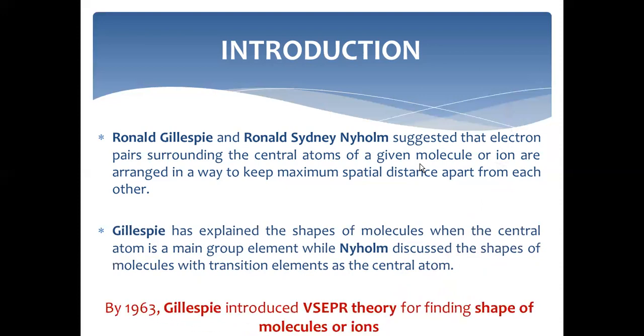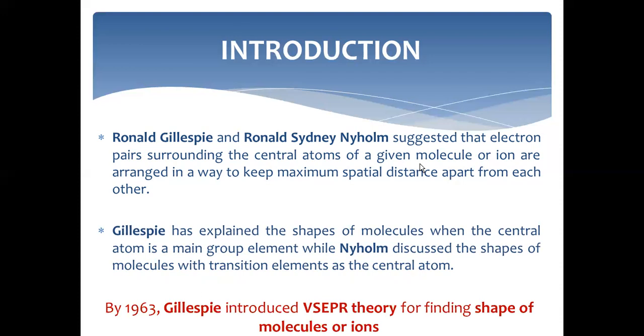By 1963, Gillespie introduced the VSEPR theory for finding the shape of molecules and ions. Ronald Gillespie and Sidney Nyholm found that the electron pairs around the central atom have the maximum spatial distance apart from each other. According to that, Gillespie described the shape of the molecule when the central atom is a main group element, while Nyholm described molecules with a transition element as the central atom.